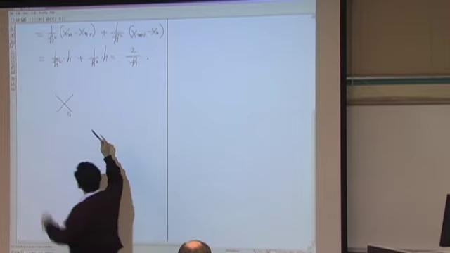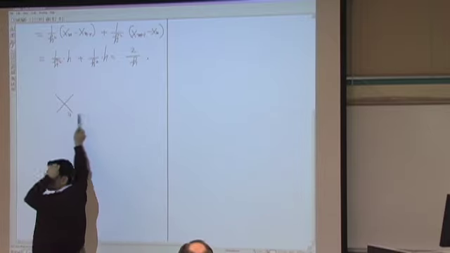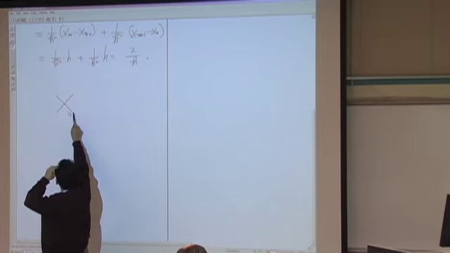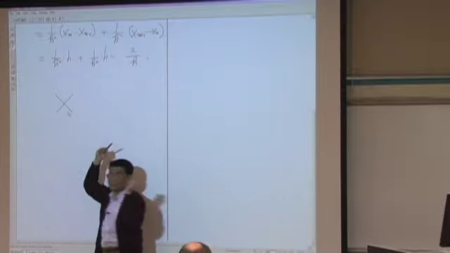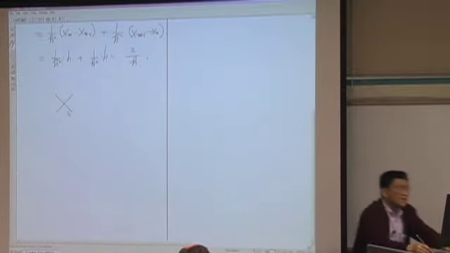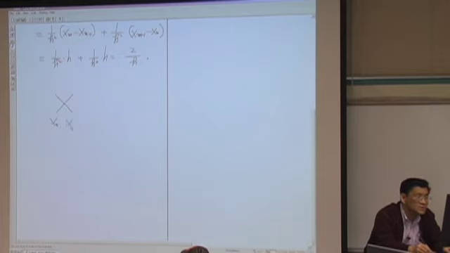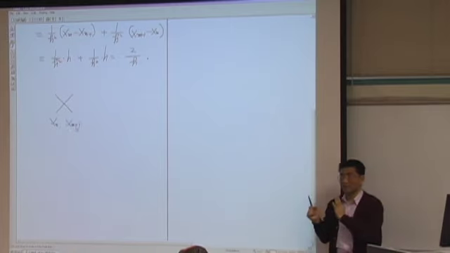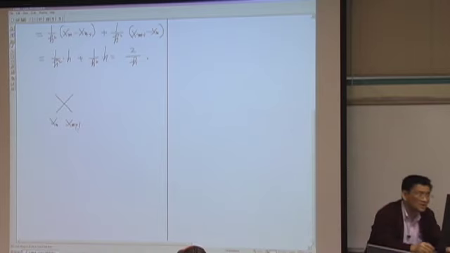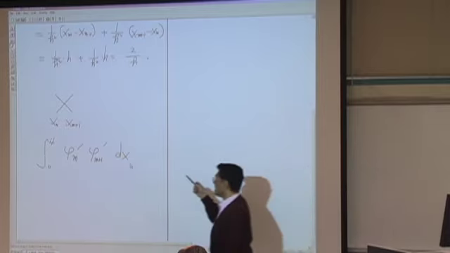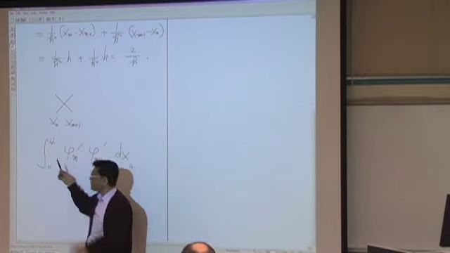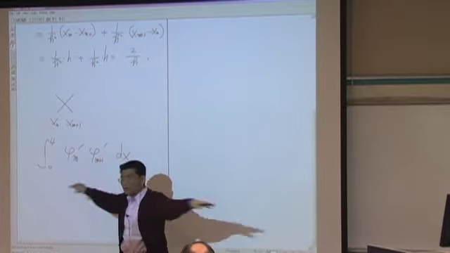Because at other areas, as you can see, the function is 0, right? The derivative is 0. So, for instance, if we consider the other part here and then this part and multiply, the derivatives of this is 0, 0. The only part that we should take care of is xm through xm plus 1, right? So we should do the integral from 0 to 4 of p sub m prime, p sub m plus 1 prime. These are the only cases we should take care of. You follow me? If we have 2 apart, then all terms vanish, 0, 0.